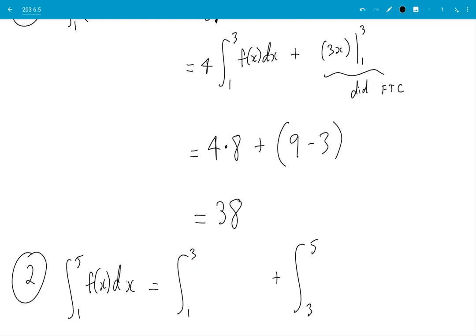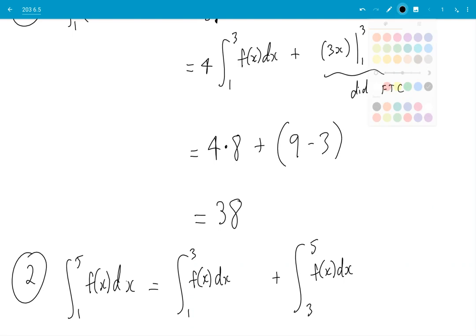Let me just finish writing this out. f of x dx. So as long as I have the same number here and here, then this equal sign is true.